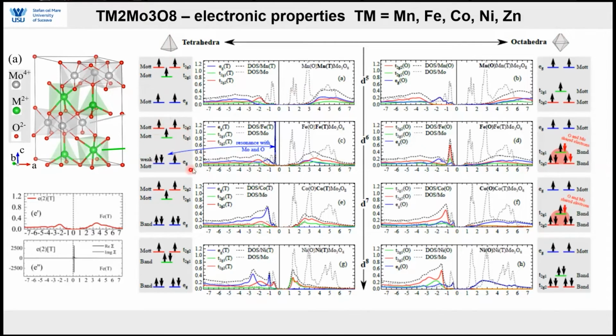Now this one here is band-like with this very interesting resonance. If I go to the octahedral side, I have Mott plus band-like with no resonance. In cobalt, I have basically Mott and band, but this band on the octahedral side is band due to the covalent effects. I go to nickel, I have Mott and normal band because of the filling of electrons.